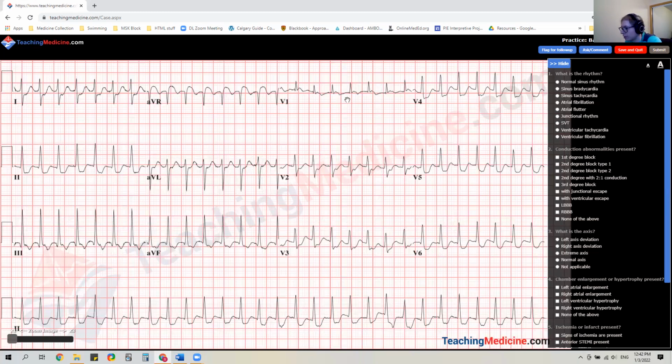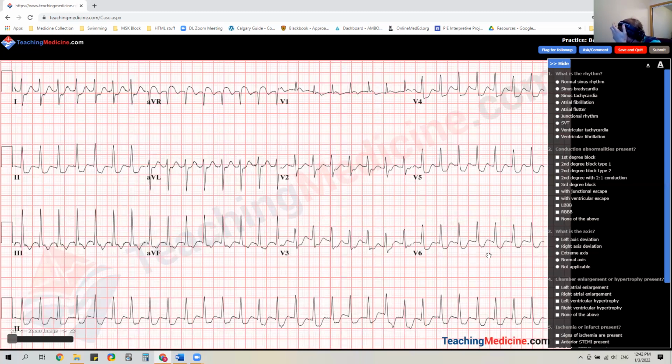T waves, inverted, upright, upright, upright. First two waves inverted. So lots of ST depression. And the R wave progression. Well, it's present, but it's kind of abnormal.